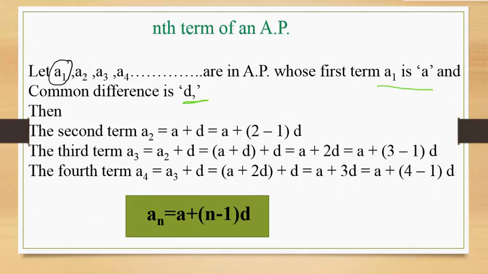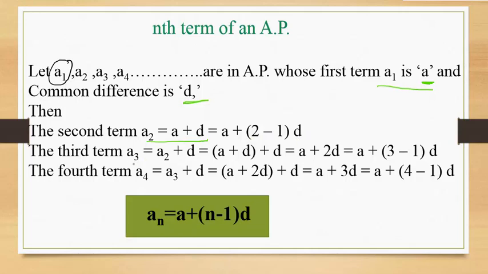Then we can say that A2, that is the second term, will be first term plus common difference, that is D. So A2 will be A1 plus D, and A1 is represented by A. So A2 will be A plus D. And now we can also write this as A plus (2 minus 1) into D.